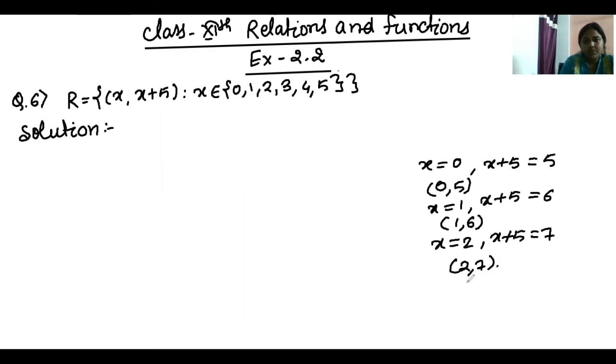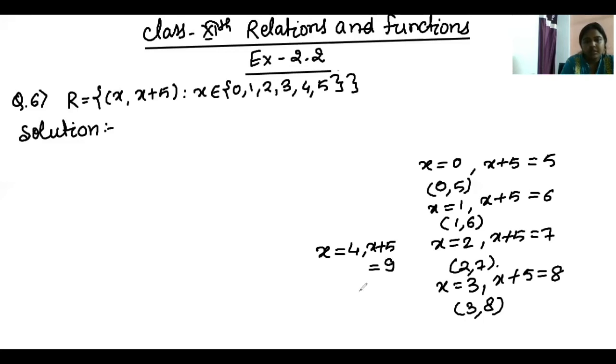Similarly, x equals 3, x plus 5 is 8, so 3 is related to 8. And then x equals 4, x plus 5 is 9. And x equals 5, x plus 5 is 10. So these are the elements we are getting from R.